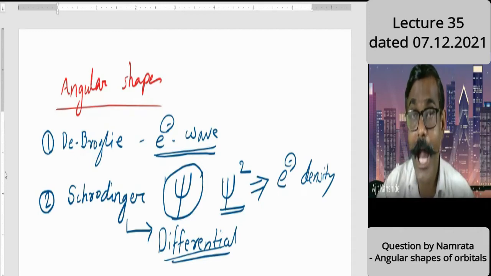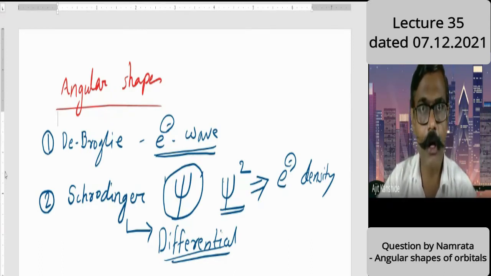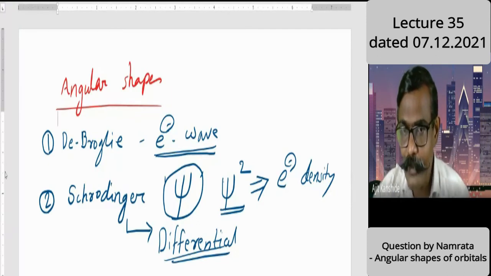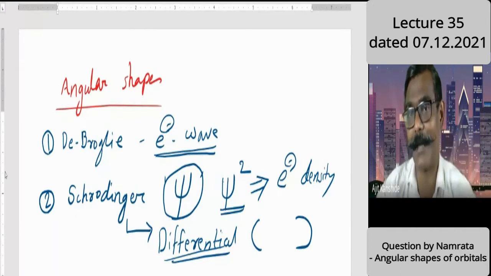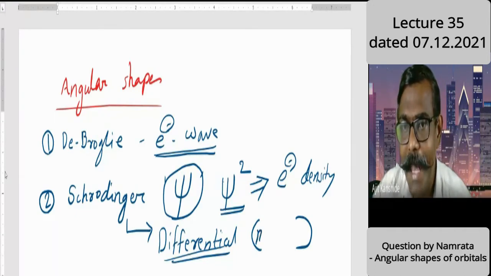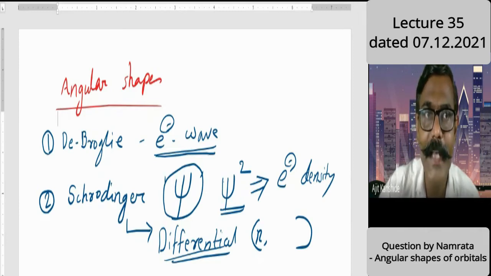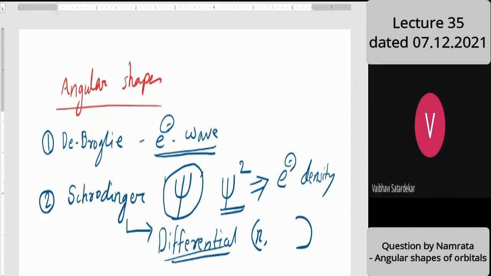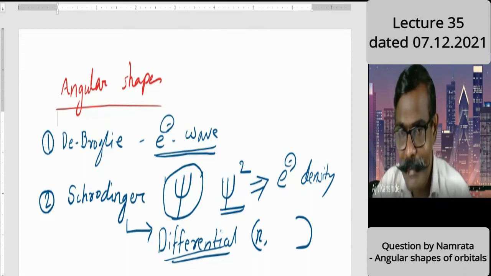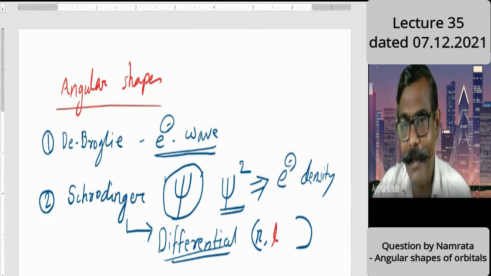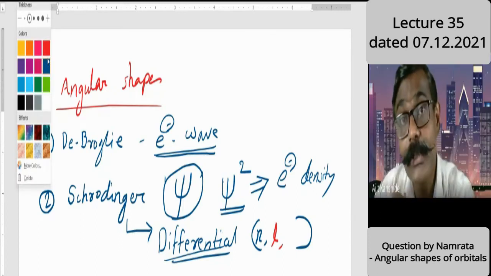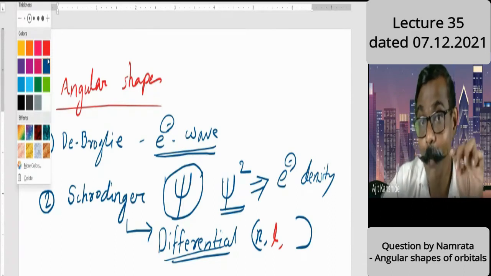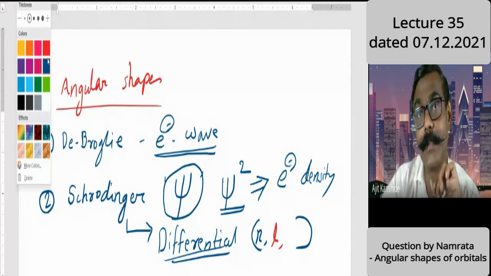That differential equation after solution gives 4 terms. Actually, Schrodinger said only 3 terms, and that differential equation is with 3 variables, as per Schrodinger. The first variable is n. Will anybody help? What is that n? Principal quantum number. Right. The second variable is L: azimuthal quantum number, about which Namrata had asked the question.